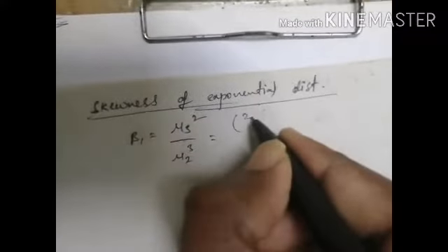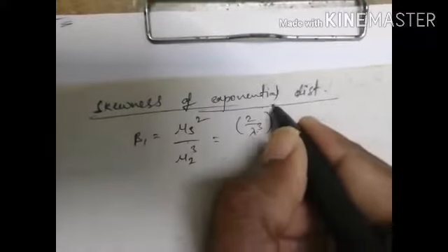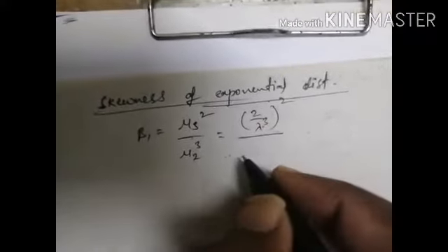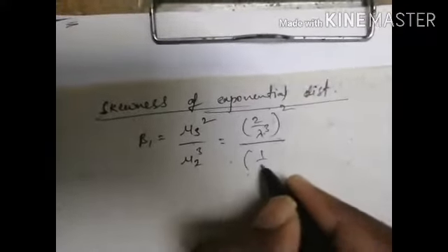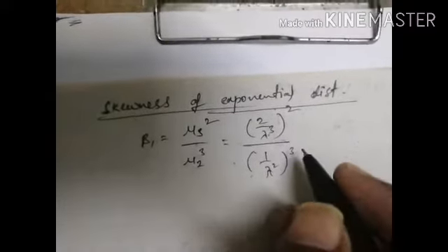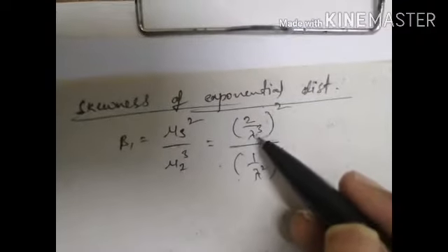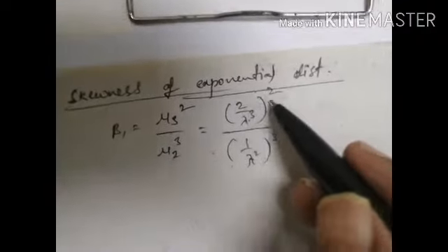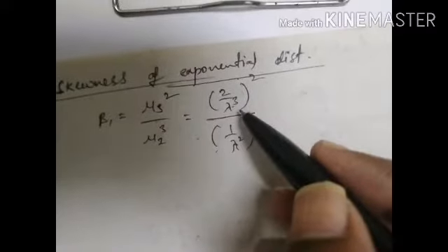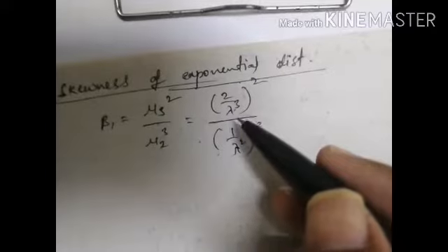What is mu 3? 2 by lambda cube, to the power of 2, that is squared, by mu 2. Mu 2 is 1 by lambda square, to the power of 3. Okay. So what are we getting here? 2 square, 2 square is 4. Lambda into 3, to the power of 2 means 3 into 2, lambda power 6.